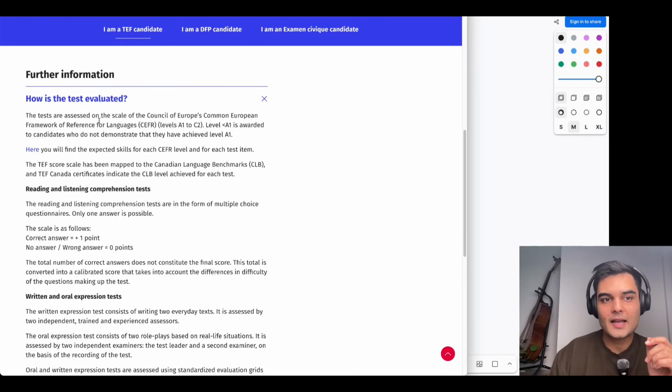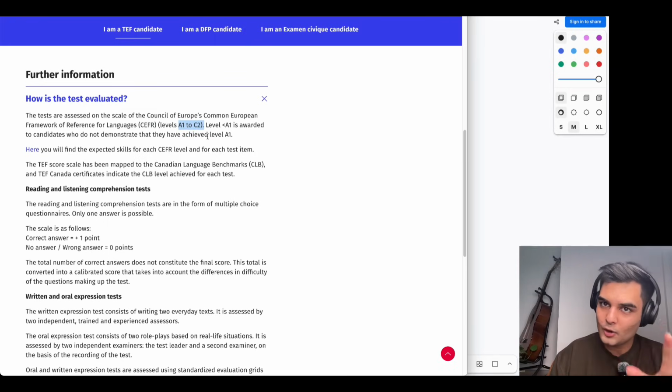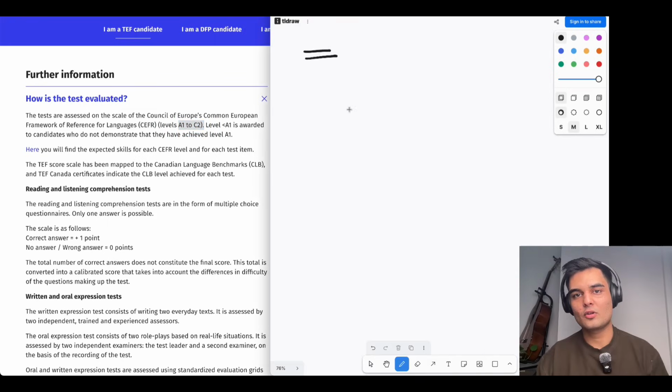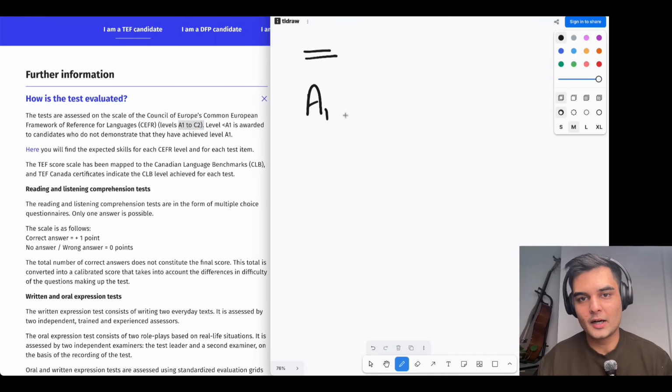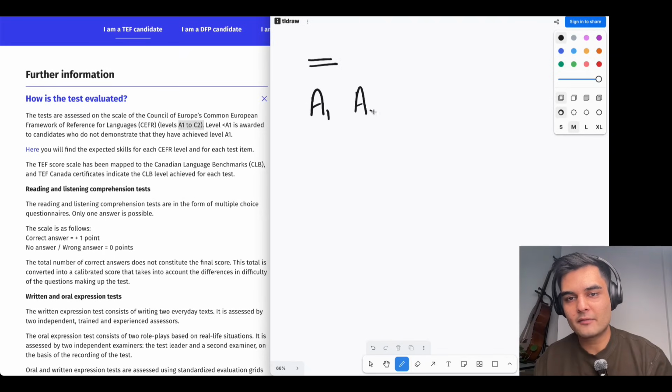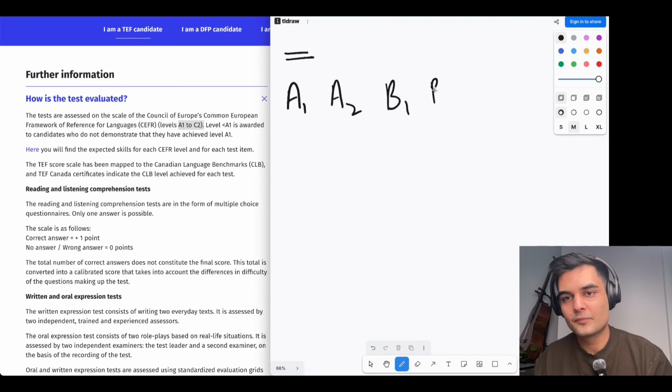Okay, the tests are assessed on the scale of the Council of Europe's Common European Framework of Reference, which is called CEFR, from A1 to C2. This is something which generally everybody knows. A1 is a complete beginner level, then we have A2, then B1, then B2, then C1, and then C2.